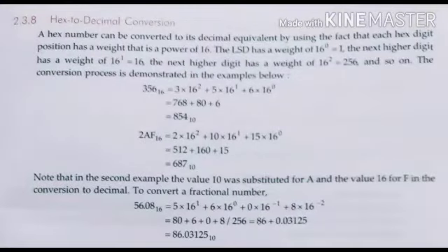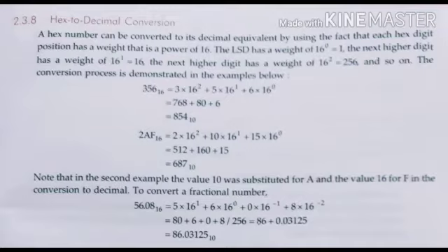Now, while converting a hexadecimal number into its equivalent decimal number, we are going to use a similar method to the one we applied while converting an octal or binary number into a decimal number. We use the place value as the power, and the digit is multiplied. Then all the values for each digit are added to get the equivalent decimal number.